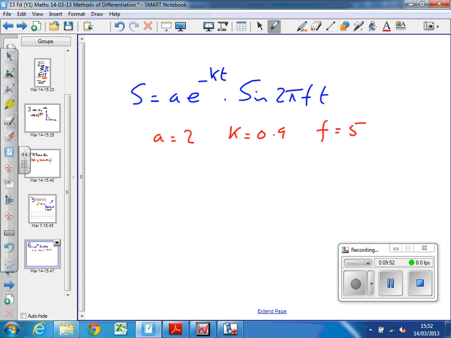So we can put those values in. S equals A, which is 2, e to the minus 0.9t times the sine of 2 pi times 5, so that's 10 pi t. So we put the numbers in, and now we've got to differentiate it.